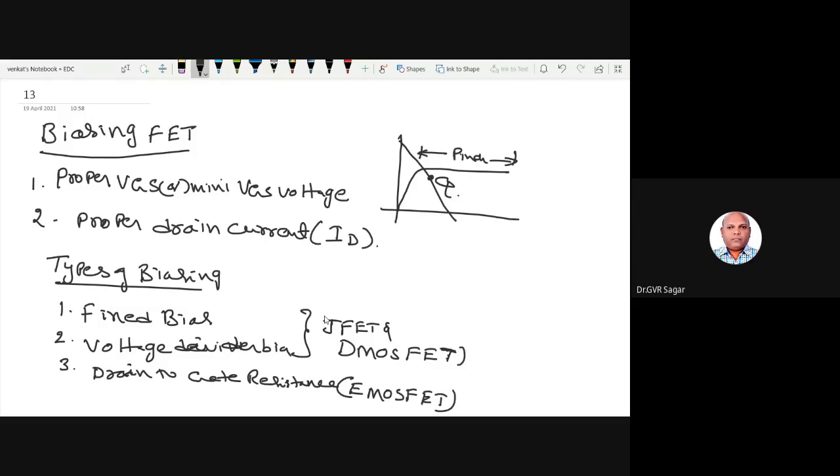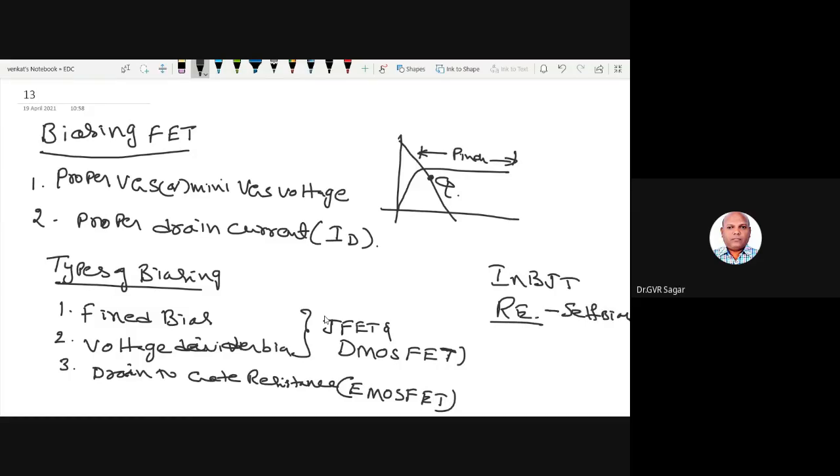For all these biases, similar to what we discussed in the BJT, we add emitter resistance RE. When you add emitter resistance, that becomes a self bias.